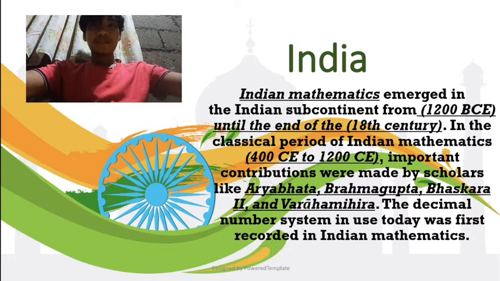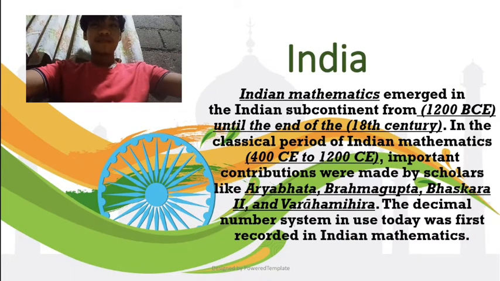Indian mathematics emerged in the Indian subcontinent from 1200 BCE until the 18th century. In the classical period of Indian mathematics, from 400 CE to 1200 CE, important contributions were made by scholars like Aryabhata, Brahmagupta, Bhaskara II, and Varahamihira.